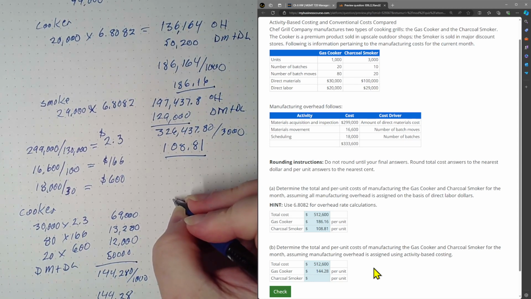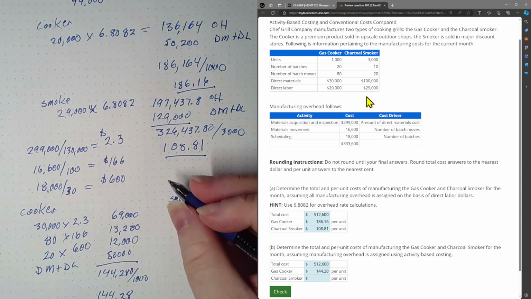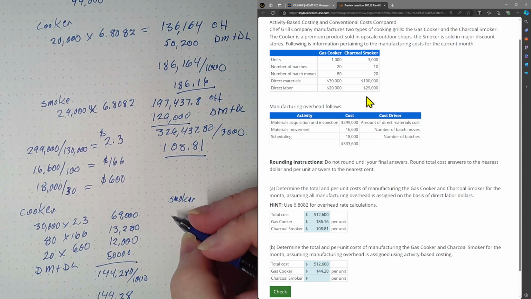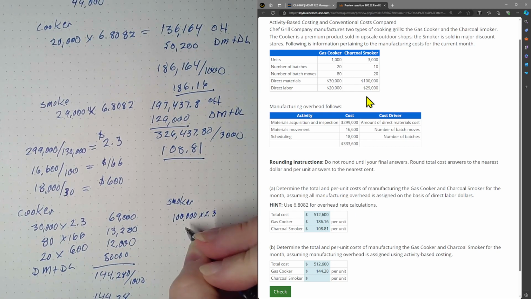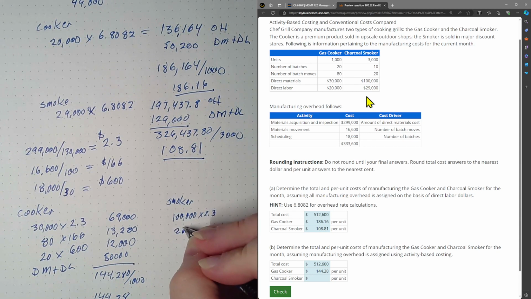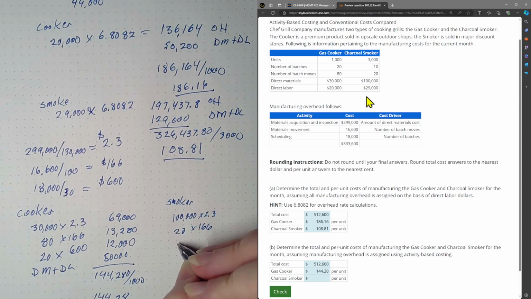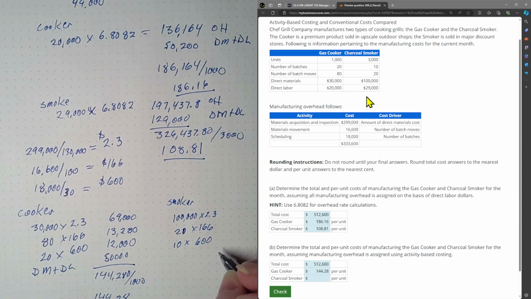For the smoker, it's going to be 100,000 times 2.3. What's the next one? 20 batch moves times 166. And it's going to be 10 batches times $600 plus the direct material and direct labor of 129,000.